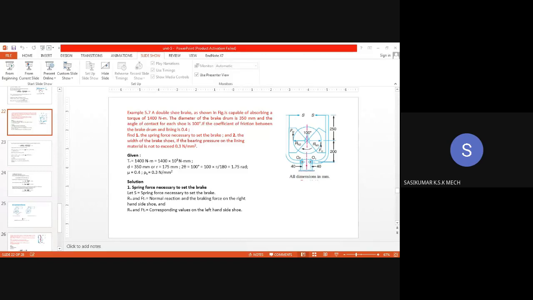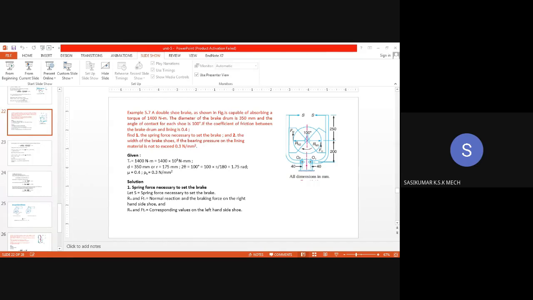The problem is shown in the figure as well as given in the text. You have a double block brake, as shown in the figure. Here this is one block and this is another block. This is the first block, this is the second block, and it is capable of absorbing a torque of 1400 newton meter.